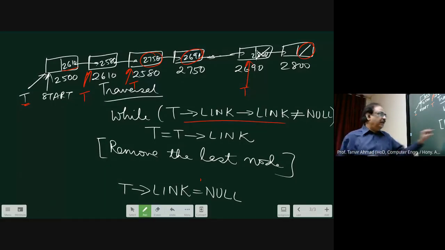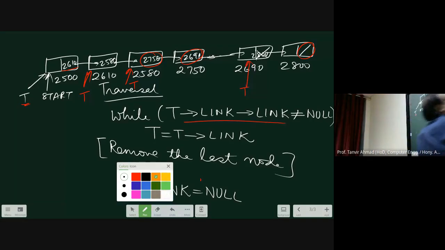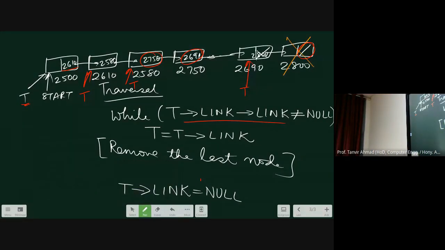Therefore, I left a line in between, so I will write that. Now tell me what I should write to remove that 2800. What statement should I write? What should I write to remove that node? That means my aim is that I will remove this. What should I write?